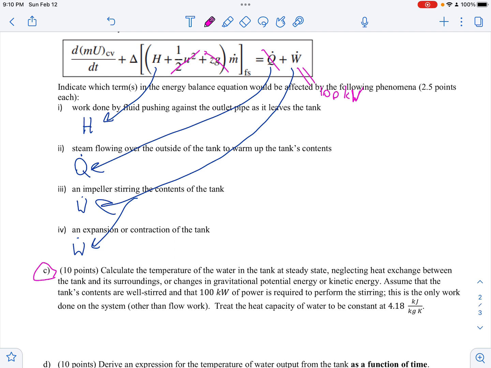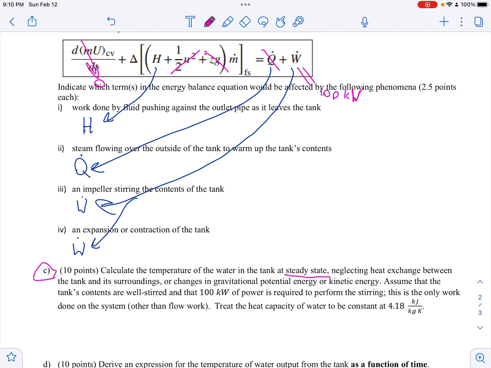Treat the heat capacity as constant at 4.18. So now, is this a steady state problem? Yes, it is steady state right here. So the time derivative would be 0. This would also be 0 at steady state.